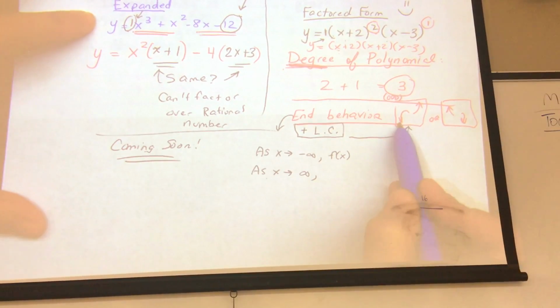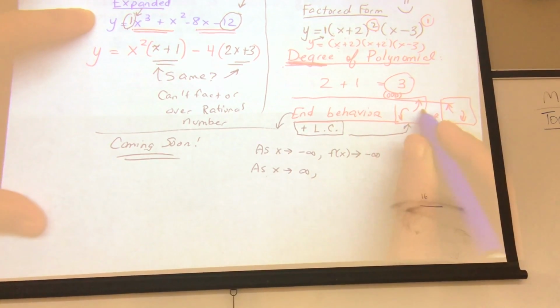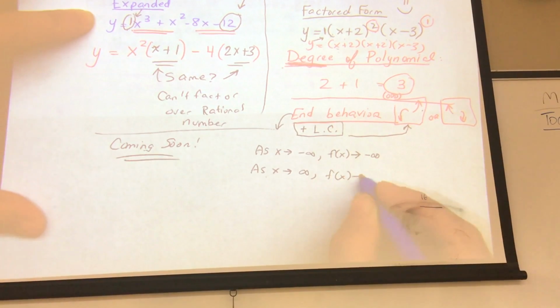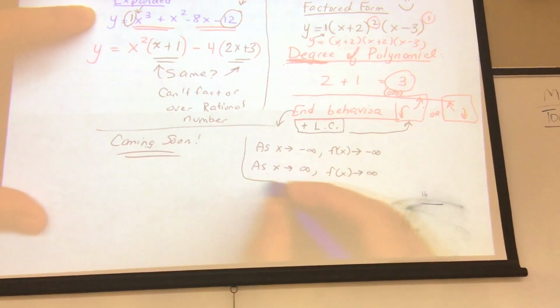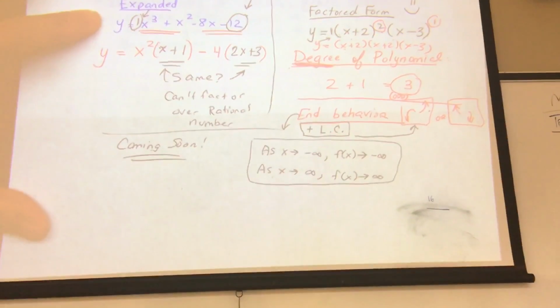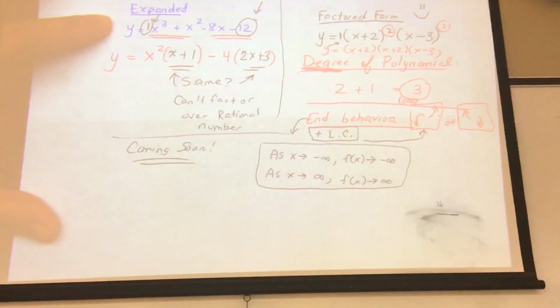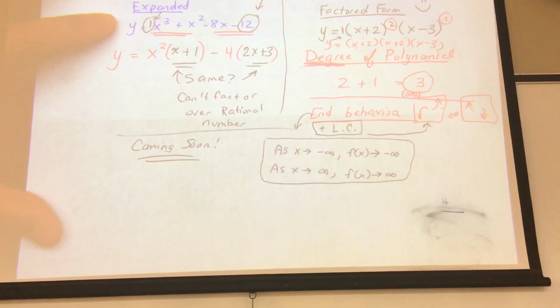In this case, one's going down, so negative infinity. And in this case, positive infinity. So they're going to be different when it's an odd degree, isn't it? But when it's even degree, they'll be going in the same directions, won't they? Okay, so I just wanted to review that with you. That would be the first thing I would notice.